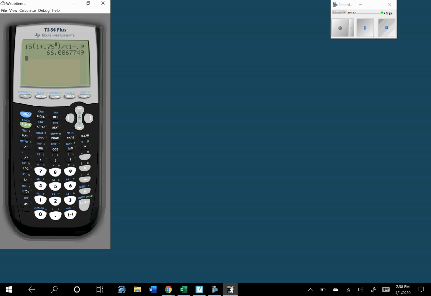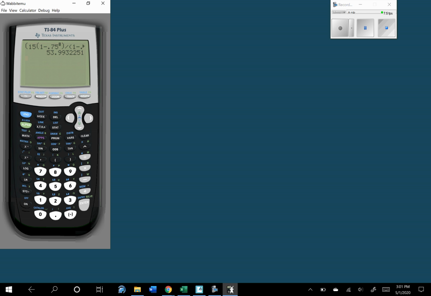Oops, I didn't realize that numerator was not in parentheses. So I need to add another parenthesis there, because otherwise we're doing 15 times all of that. Okay, I didn't notice last time I had the plus 1 plus 0.75 instead of minus.